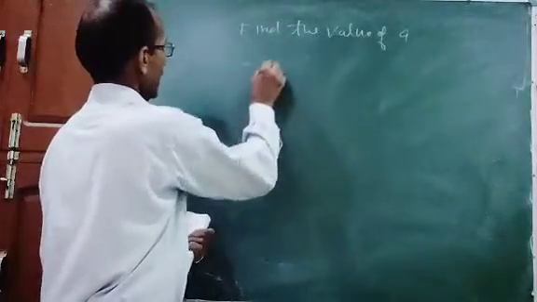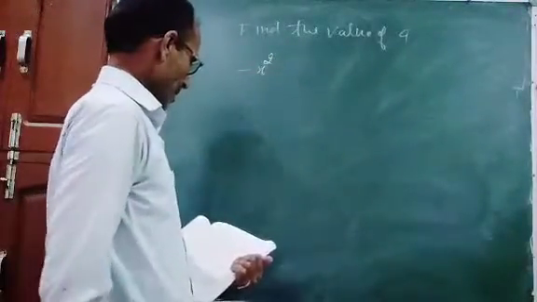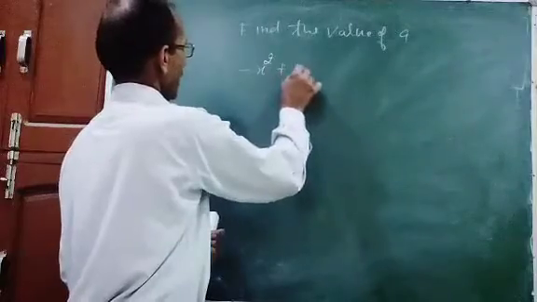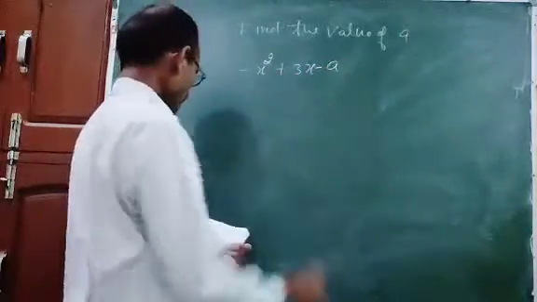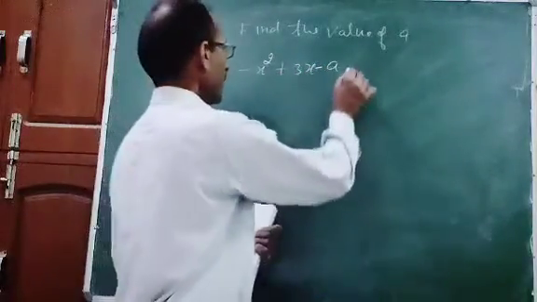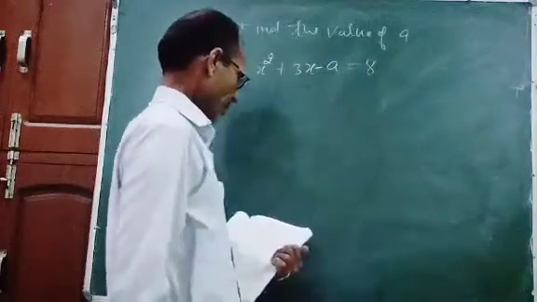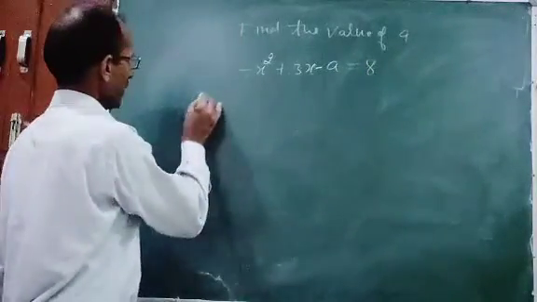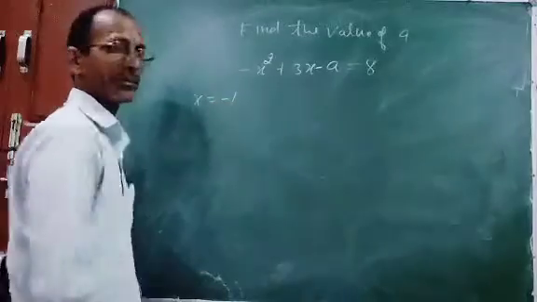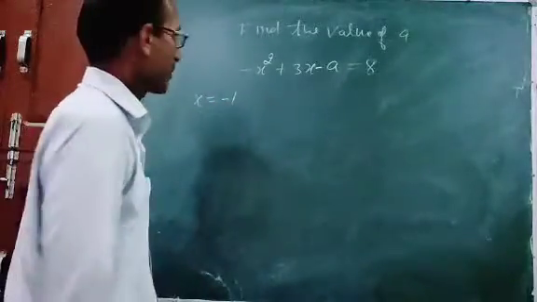Minus x square plus 3x minus a is equal to 8. The value of x is given: x is equal to minus 1.